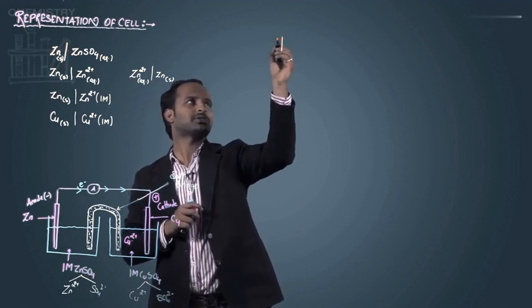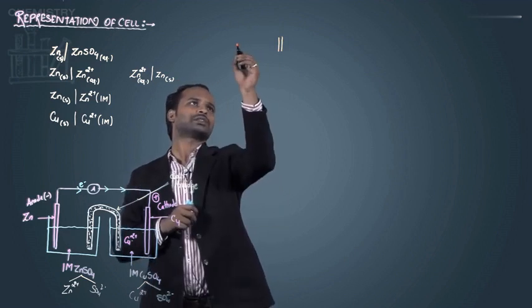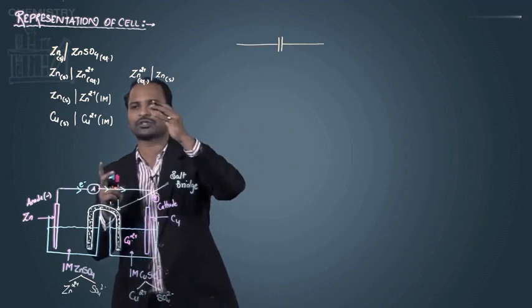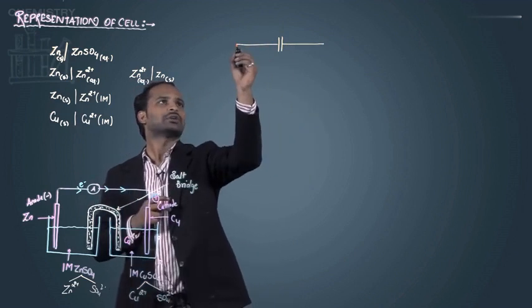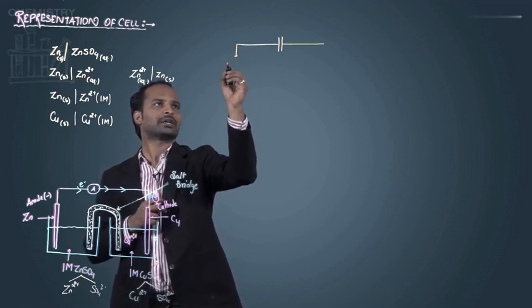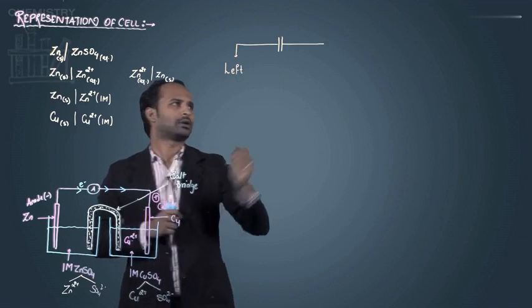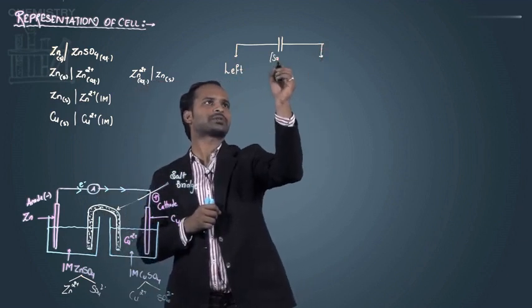This is the salt bridge. One half cell is written on the left hand side of the salt bridge, and the other half cell is written on the right hand side. So suppose on the left hand side I write one, and this is the right side of the salt bridge. As I said, this is the salt bridge.